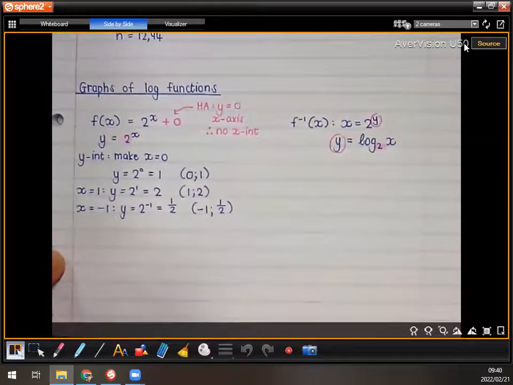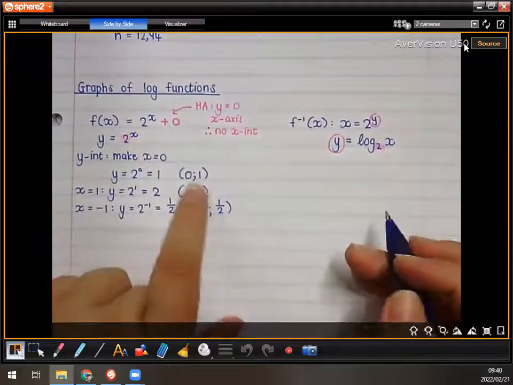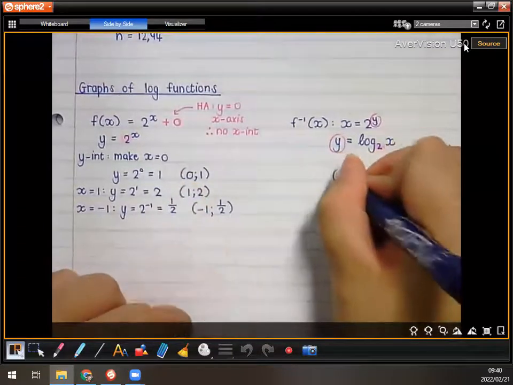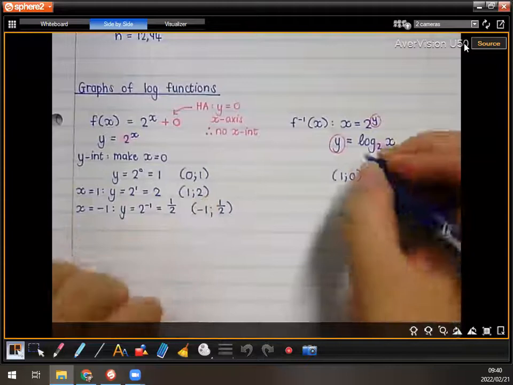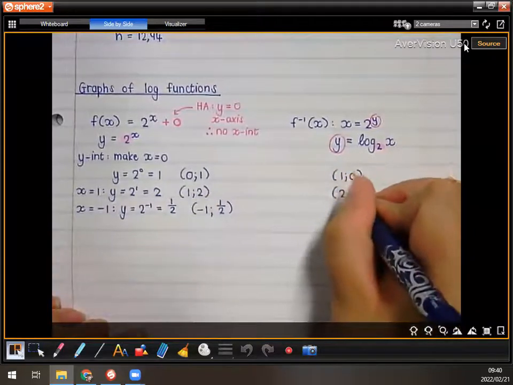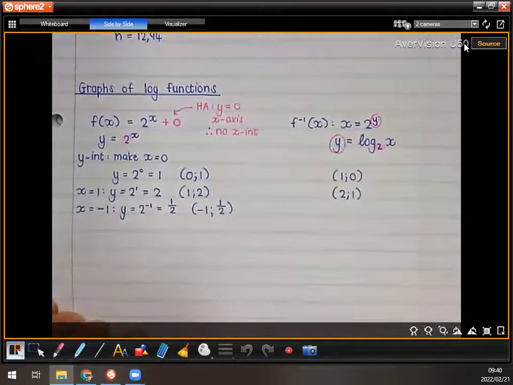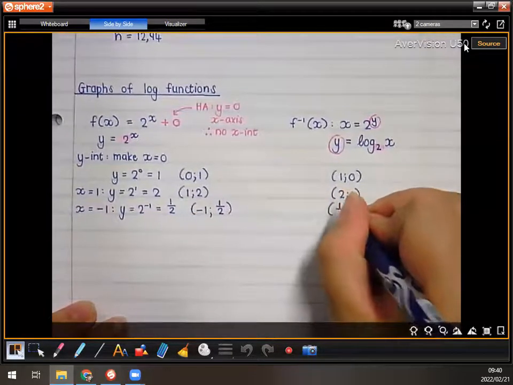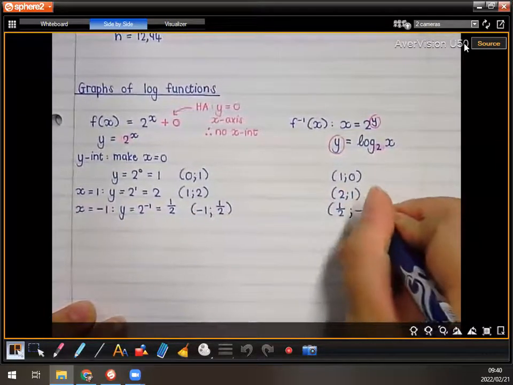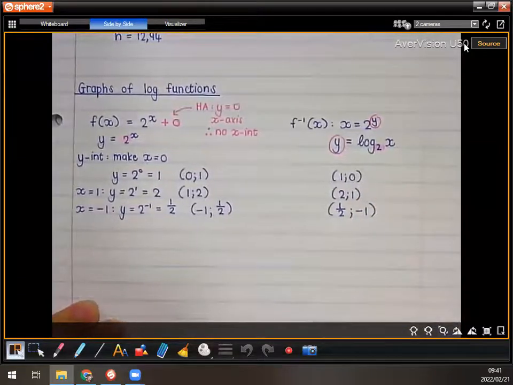What can I do with points on the original to get points on the inverse? Swap them around. So 0, 1 is going to become the point 1, 0. 1, 2 is going to become the point 2, 1. -1, 1/2 is going to become the point 1/2, -1.